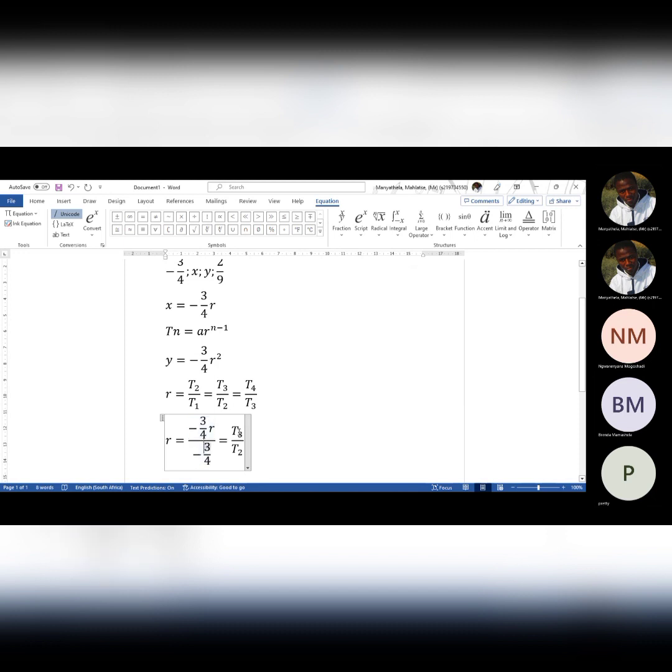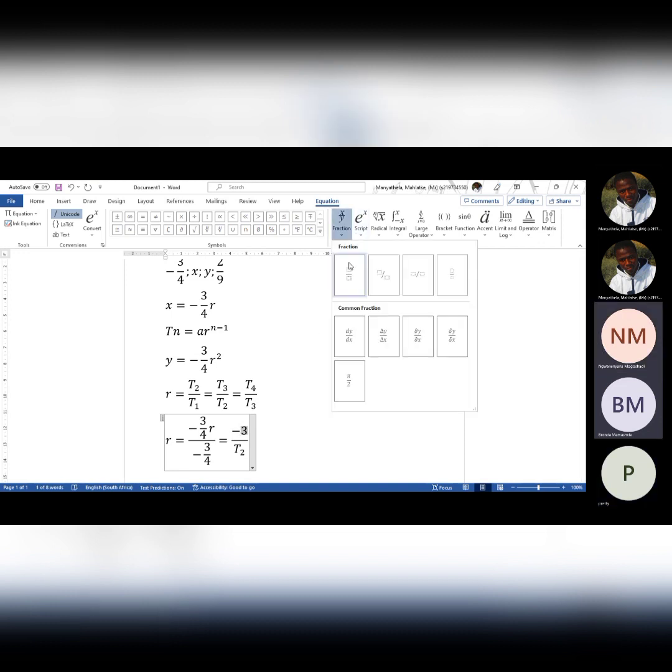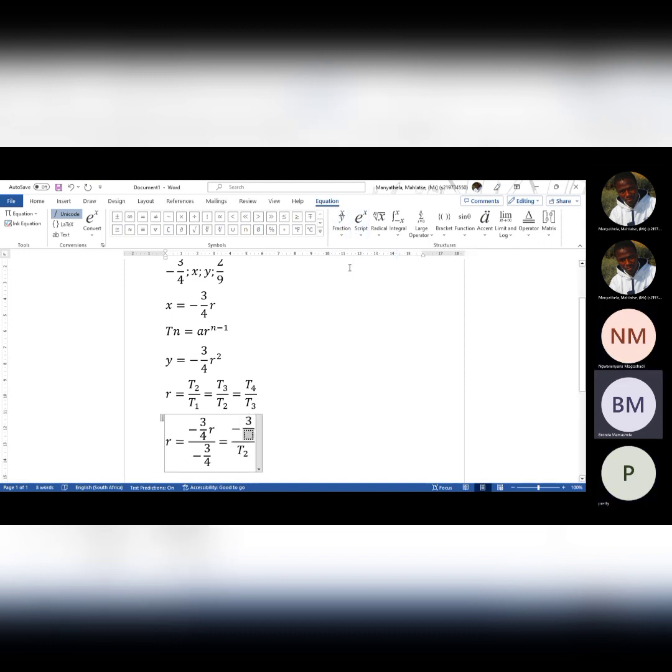Term number 3 is minus 3 over 4 times r squared.